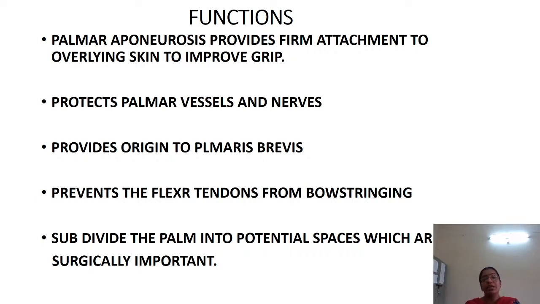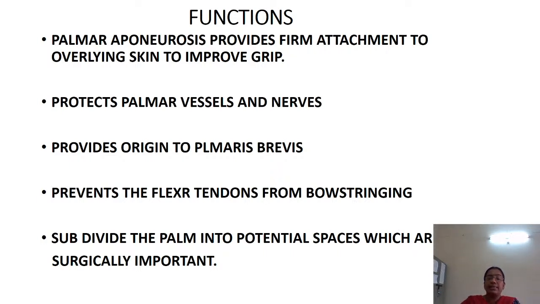And importantly, the medial and lateral septa of the palmar aponeurosis divide the palm into the potential spaces which are surgically important: the thenar space, mid-palmar space and hypothenar space. You will come across these spaces and their surgical importance in later classes. Mostly the medial and lateral septa of the palmar aponeurosis are responsible for the division of the palm into these spaces. This is about the palmar aponeurosis.